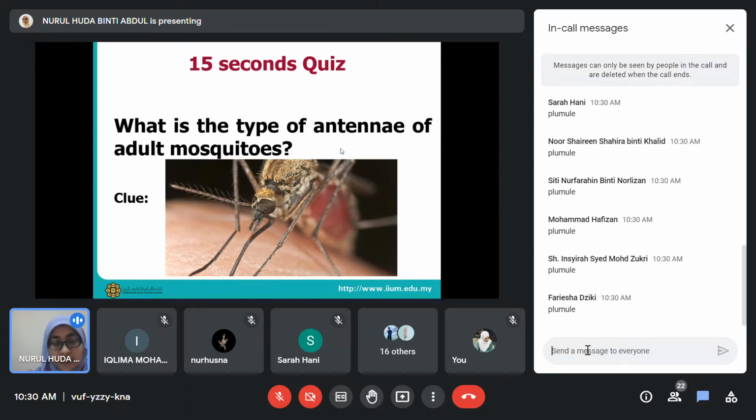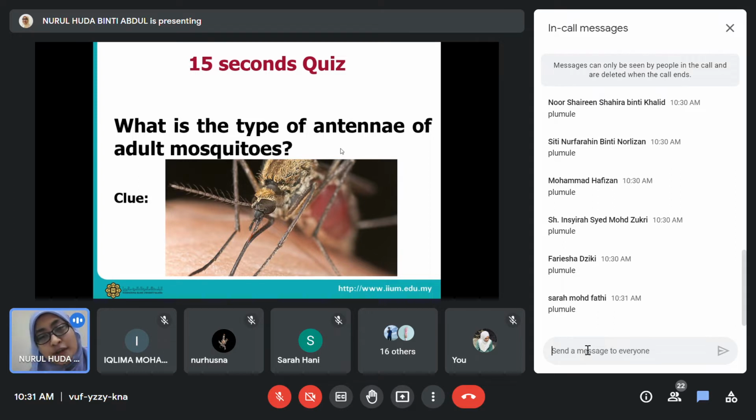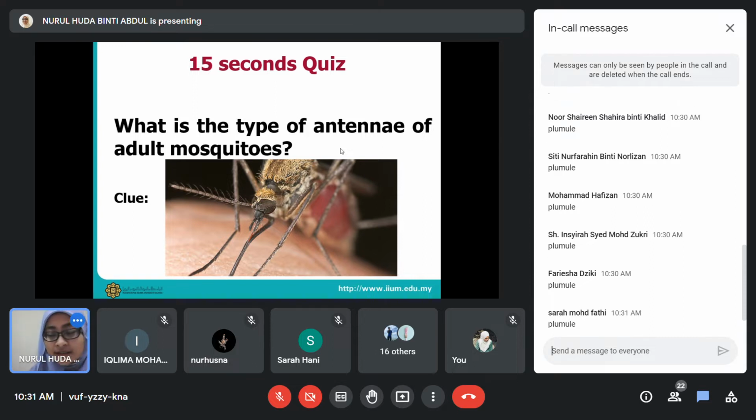Okay, siapa yang jawab less than 15 seconds, jawapan dia dikira. For those yang jawab lambat, even though it's correct, your answer will not be calculated. Okay, I think past 15 seconds already.